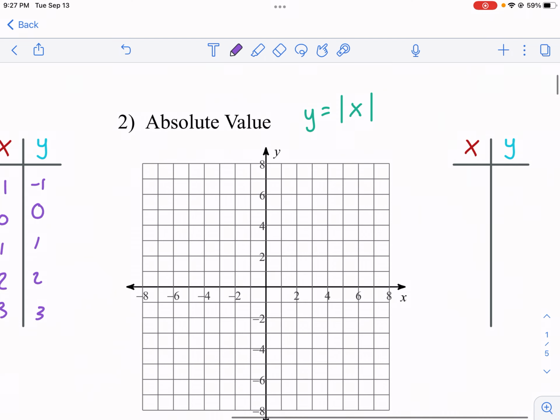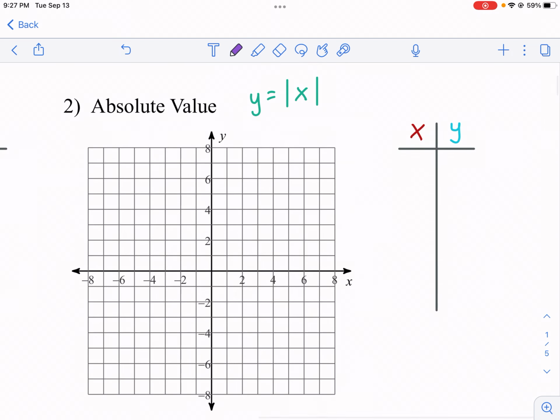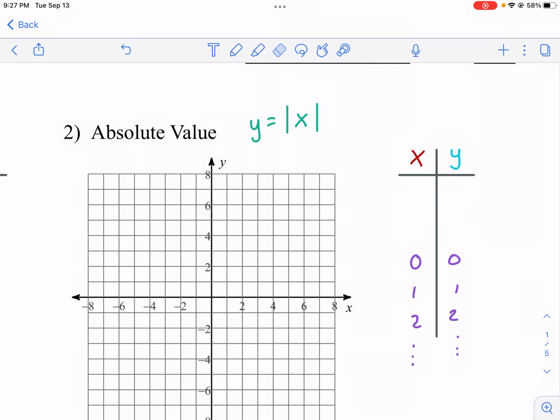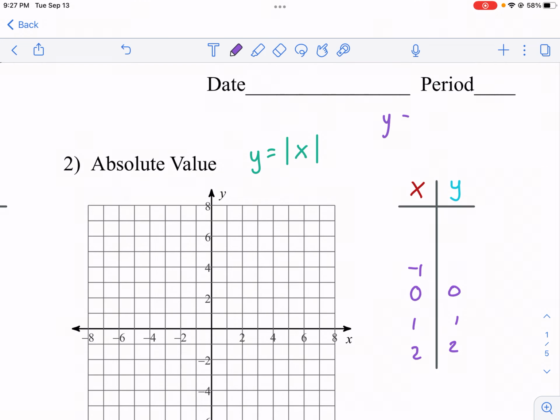For absolute value, it's pretty similar. For positive values, we plug in 0 for x and get 0 for y, 1 gives 1, 2 gives 2, and it continues. However, in the other direction, if we plug in -1 for x, it's a little different with absolute value.